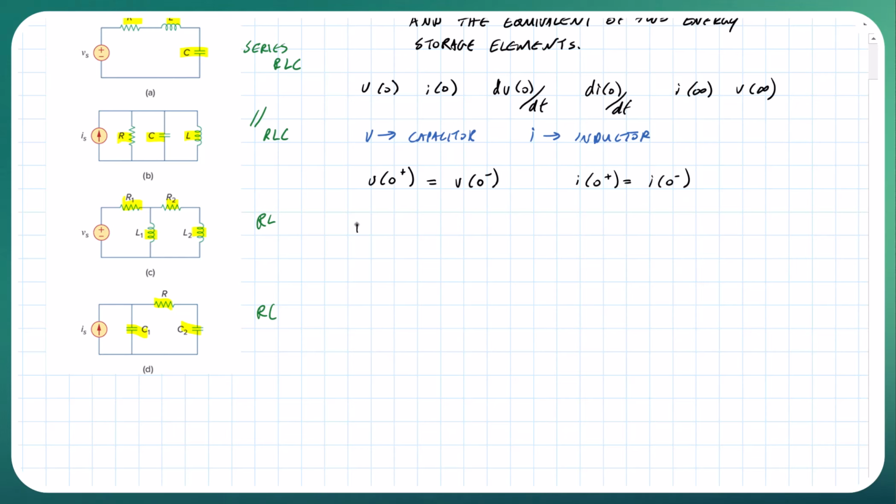Here t equals 0 minus is the time just before the switching event, and t equals 0 plus is the time just after.